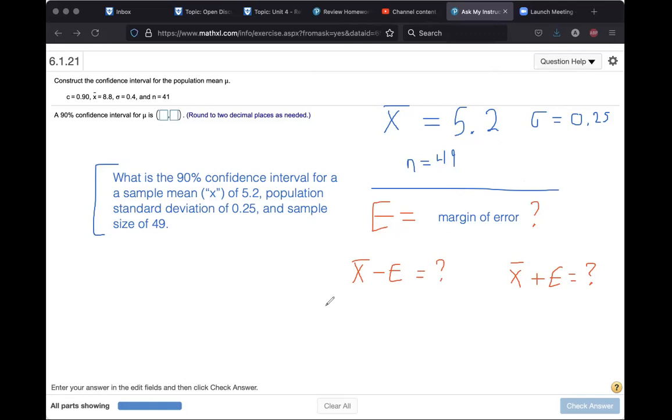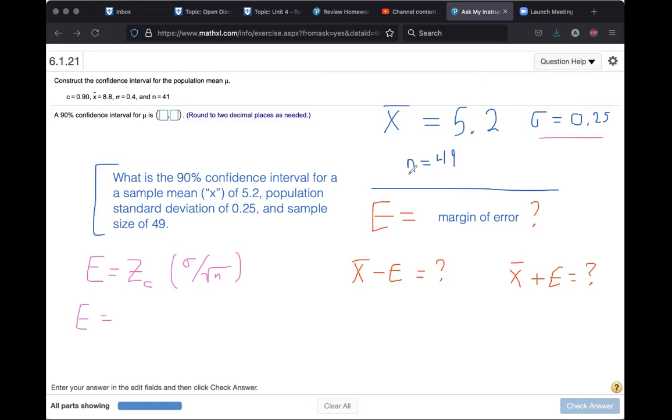We're just trying to find the number that we're going to add to and subtract from 5.2. The formula for finding E, the margin of error, is Z critical times the population standard deviation divided by the square root of the sample size. Now, we know the population standard deviation, it's right over there.